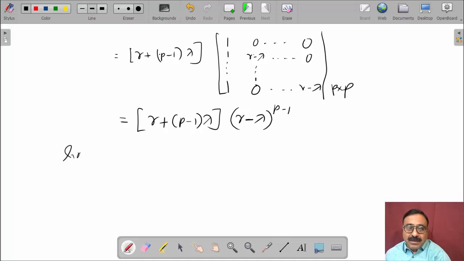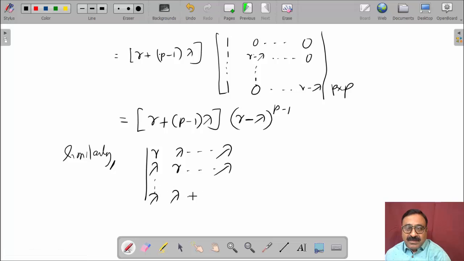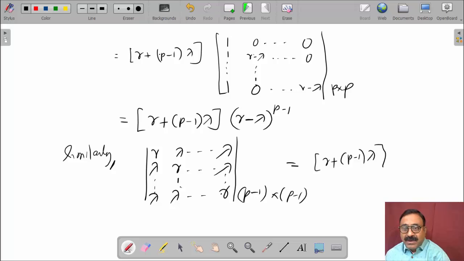Similarly, the numerator, with R on the diagonal and lambda elsewhere, is a P minus 1 by P minus 1 matrix. So this will be R plus P minus 2 into lambda into R minus lambda to the power P minus 2.